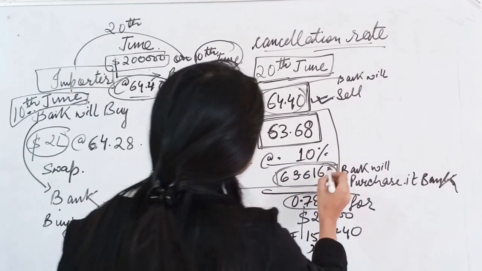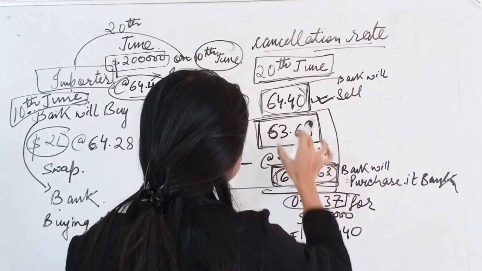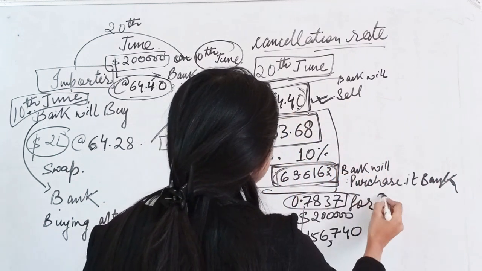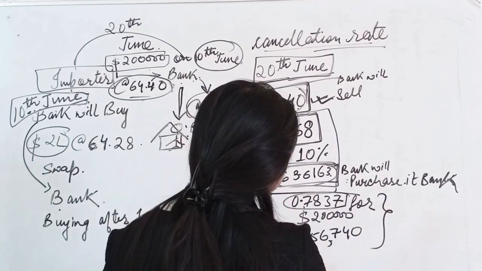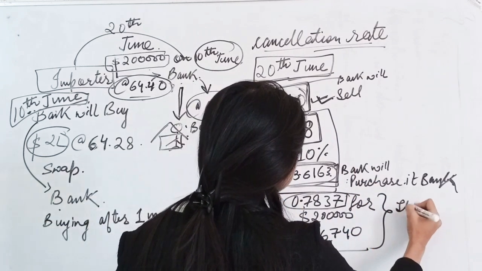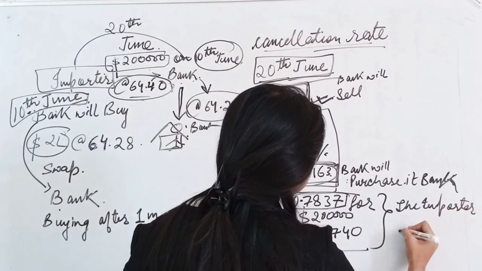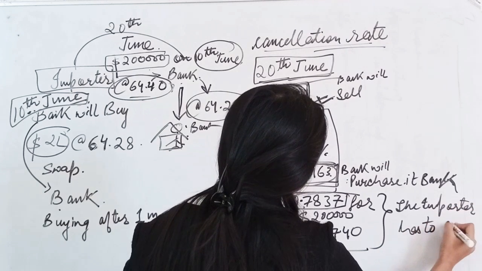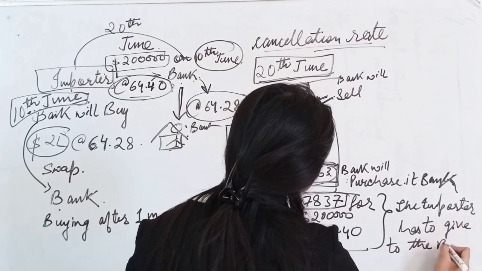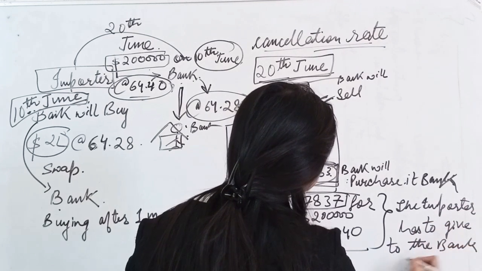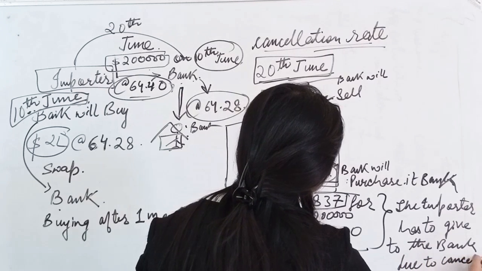So this is the cancellation rate, used to cancel the contract, and the net amount is what the importer has to give to the bank due to cancellation.